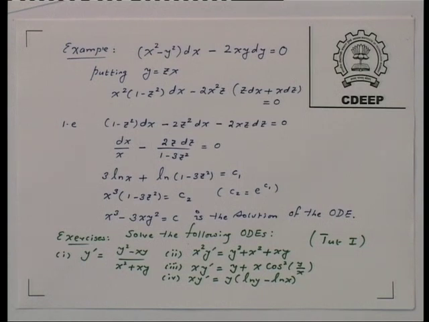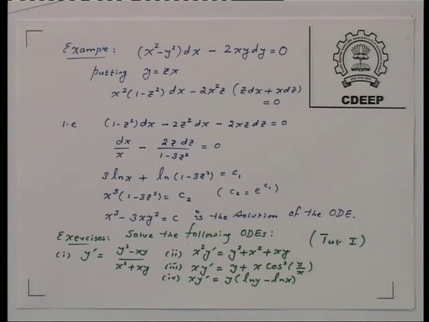Let us put y equal to zx, and then we will get the obvious simplifications, x squared into 1 minus z squared from the first term and 2x squared z from the second term, and the dy will get replaced by z dx plus x dz, and the x squared will cancel out, and then you have the other terms: 1 minus z squared minus 2z squared dx minus 2xz dz equal to 0.